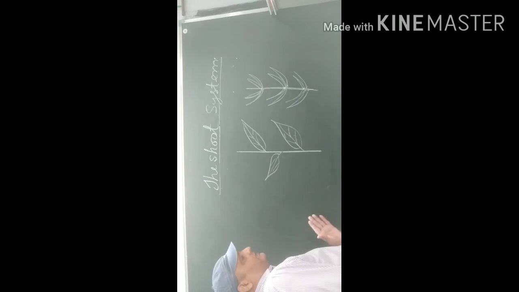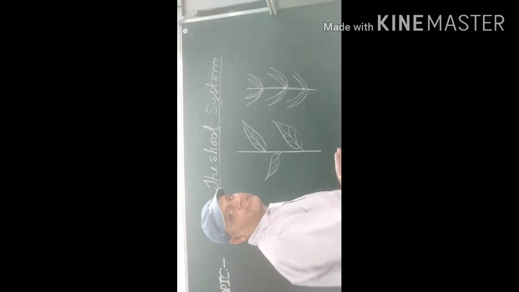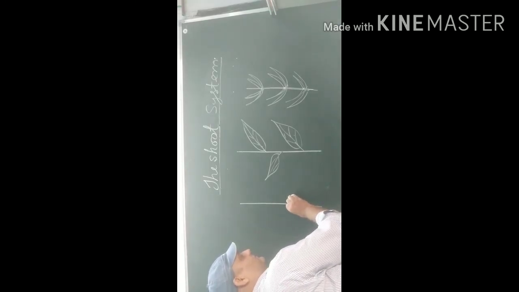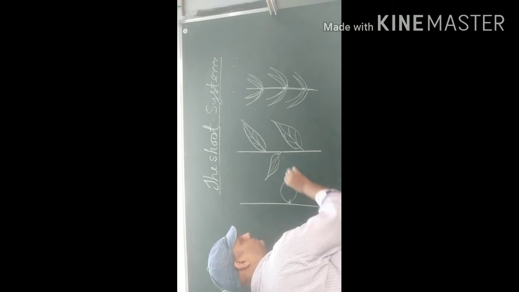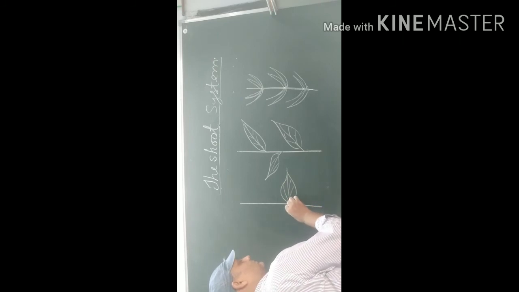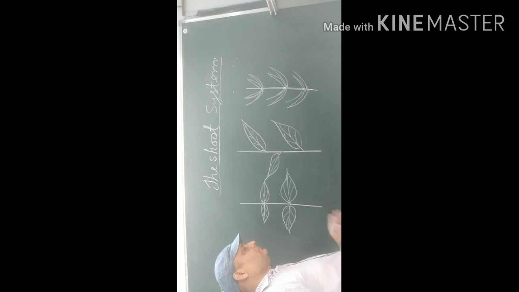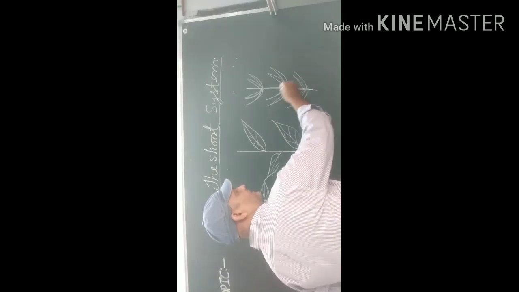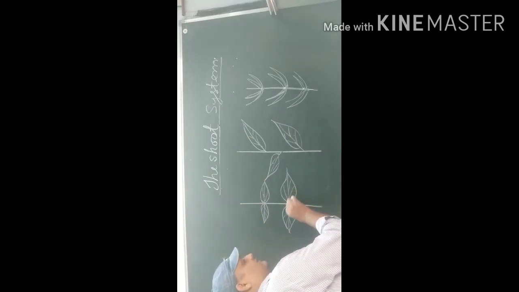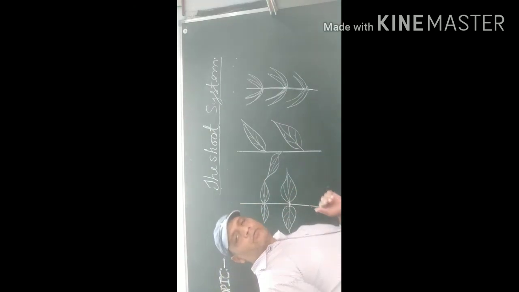Opposite: in this type, one leaf is found on the right side and a second on the left side. This is known as the opposite form. The example of whorled is paneer, and examples of opposite are guava.